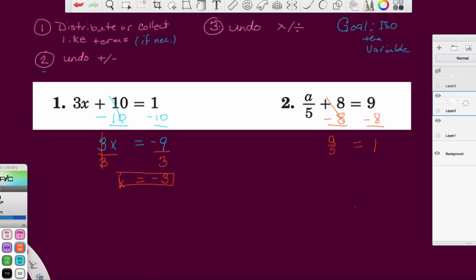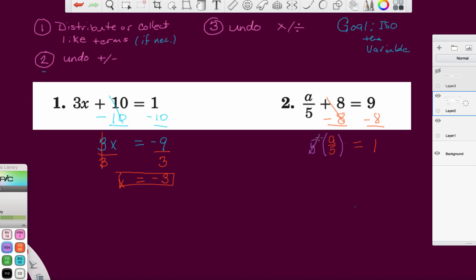And now I have to move on to step 3, which is undo or show the opposite of that multiplication or division. So right now a is being divided by 5. So what's the opposite of division? That's multiplication.